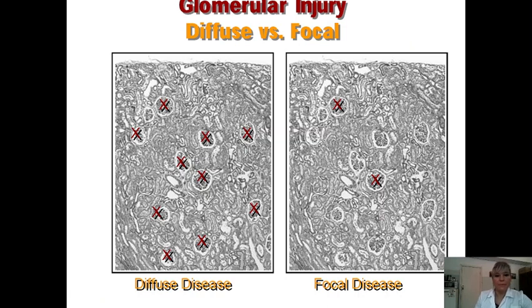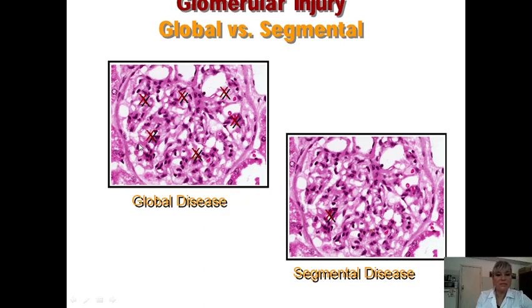Look, for differentiation, focal affected, we see affection of some glomeruli. Due to diffuse disease, we see affection of all glomeruli. Segmental. What does segmental mean? If we see segmental affection, in the affected glomerulus, we see changes in the part of glomerulus.